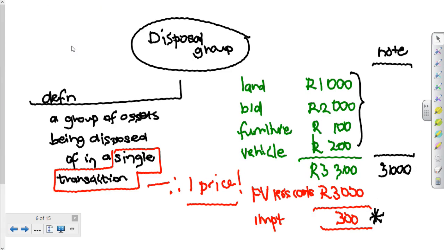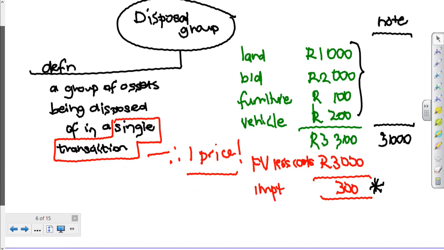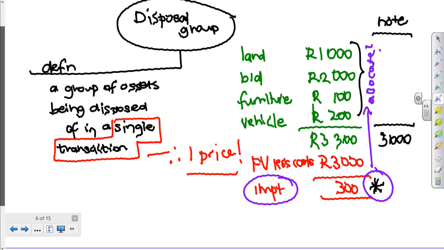You must just be very careful, because when you allocate impairments, we do not allocate impairments to assets carried at fair value.